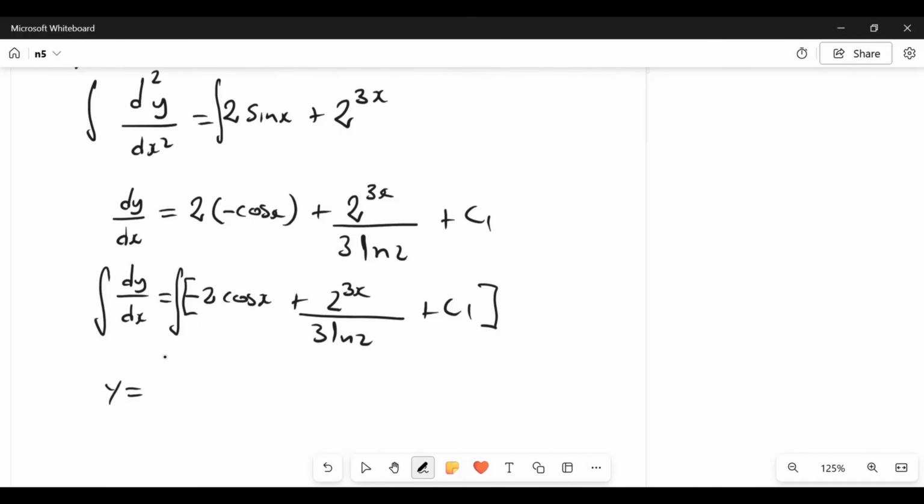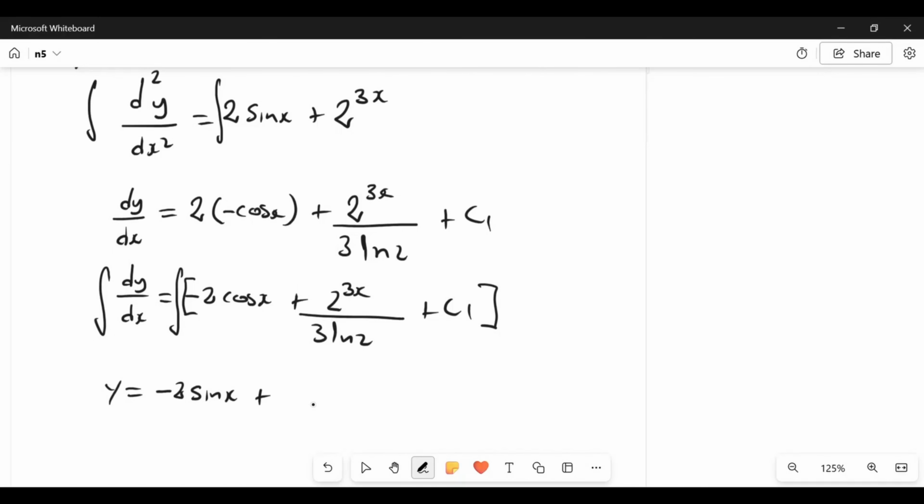And then on the right-hand side, we have to integrate each and every term there. Now let's look at negative 2 cos x. When you integrate cos, it's going to be sine. But let's not forget the coefficient is negative 2 there. The integral of cos is actually sine x.